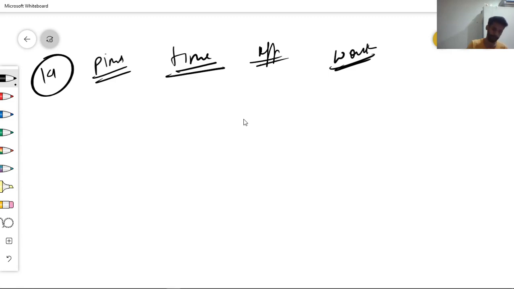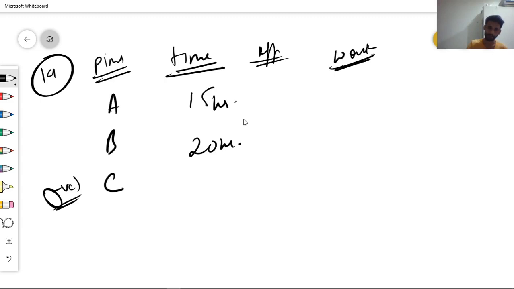So the pipe, first one is A, B, then C. This C is negative. Okay, this C is negative. So time, first one takes 15 hours, second one takes 20 hours, and the third one takes 12 hours.